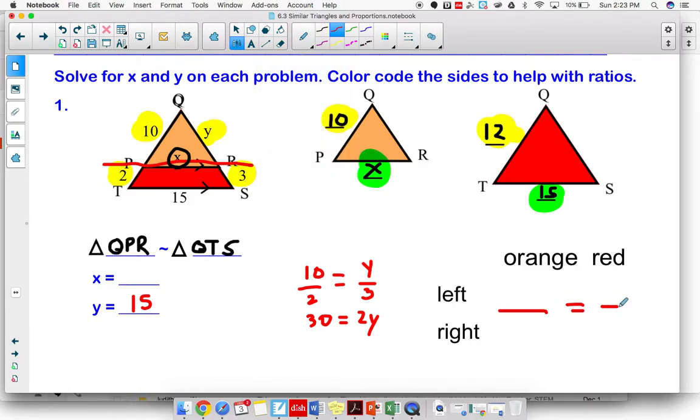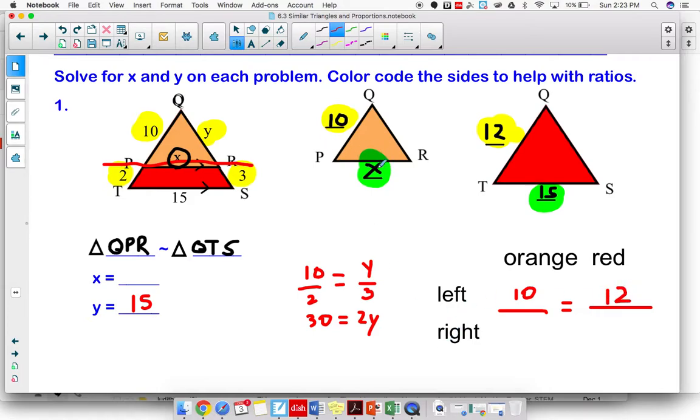Like this. Okay, so when we fill this number in here, this number has to be the left number on the orange triangle. So it's kind of like a chart. The left number on the orange triangle is 10. Okay. On the red triangle, the left number is 12. All right.